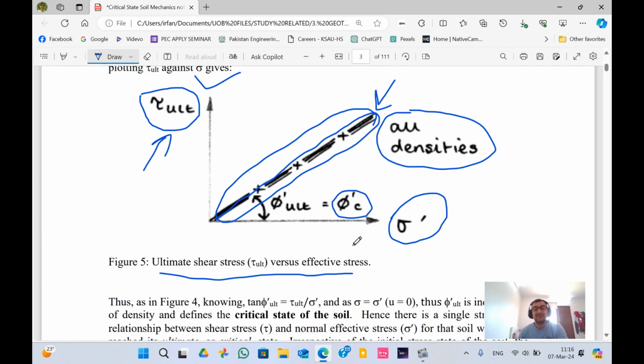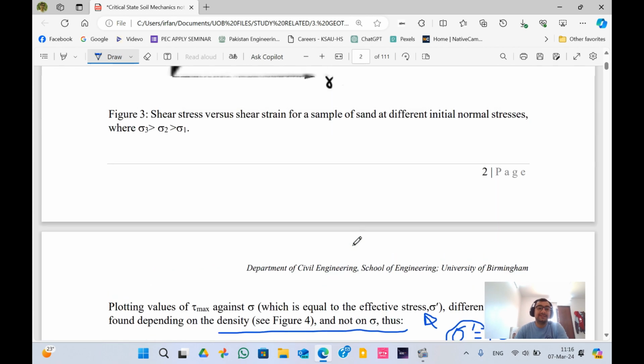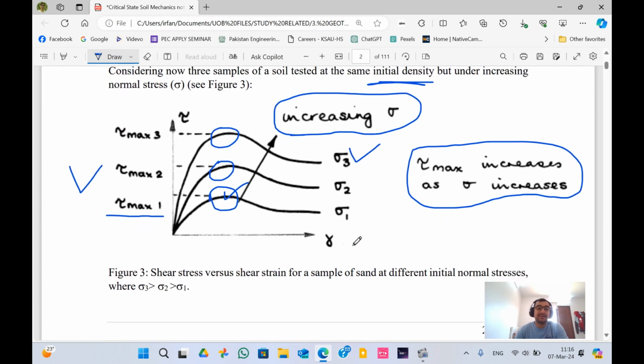So in the last two notes we have studied plotting a graph between ultimate stress against the effective stress, and also we have studied the shear stress against the strain.